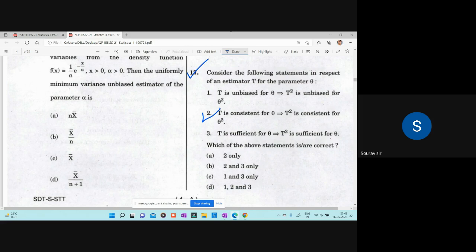But t is unbiased for theta does not imply that t square is unbiased for theta square. Also, t is sufficient for theta does not imply that t square is also sufficient. So these two are not true. Only statement number two is true, so that will be the answer.